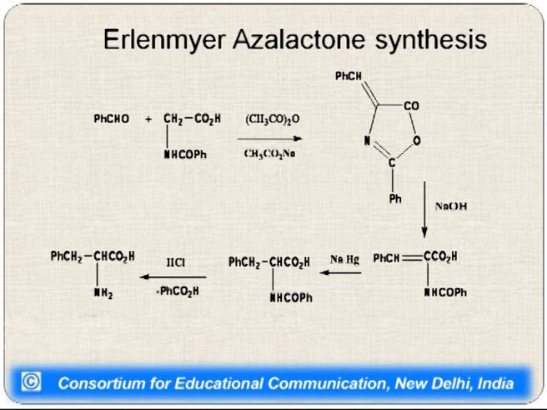So this is all about the azalactone synthesis, Erlenmeyer synthesis, but I have already told you that this Erlenmeyer synthesis is usually used for only aromatic aldehydes. Aromatic aldehydes are used and aromatic amino acids are prepared.